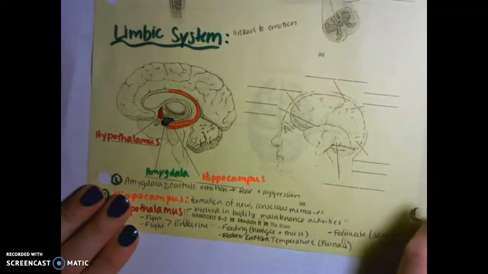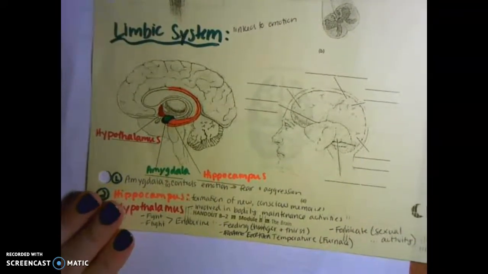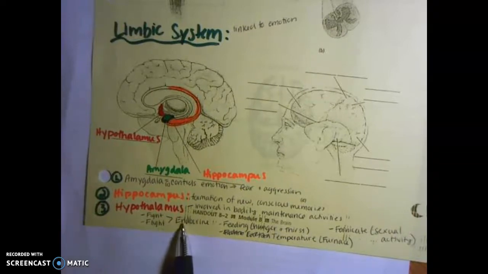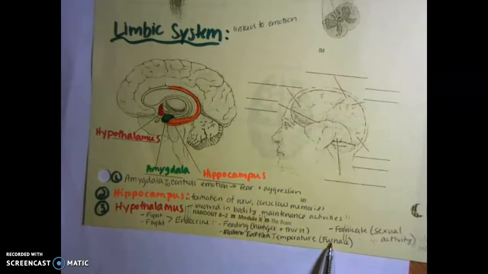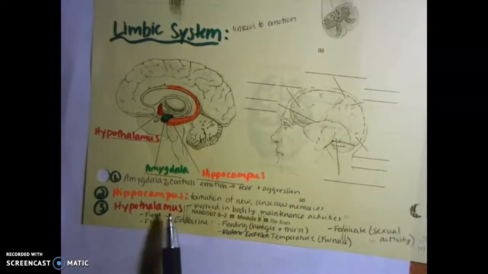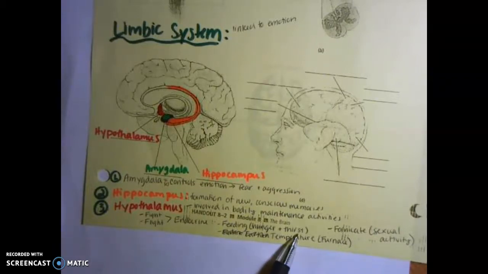Okay. So there are your 5 F's essentially. So you got fight or flight, which has to do with the endocrine system, and it controls the pituitary gland. You got feeding, you got furnace or Fahrenheit that I don't know how to spell, and you got fornicate, which is your sexual activity. So the hypothalamus has a lot of different functions, okay? And so when we talk about feeding, we're talking about hunger and thirst.